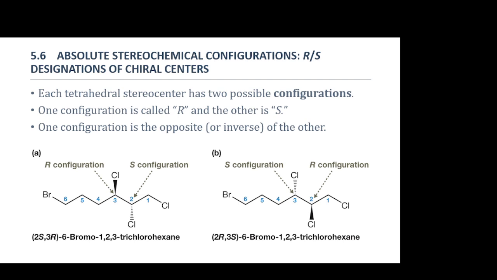So this right here is the R configuration. This right here is the S configuration. So you note if you do the mirror image of that, the mirror image of the R configuration has to be the S configuration, right? And vice versa. Okay? Because those are our only two options. Now, note that how do I go between these two things?